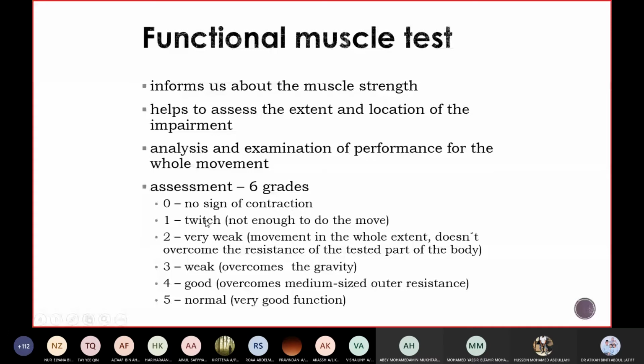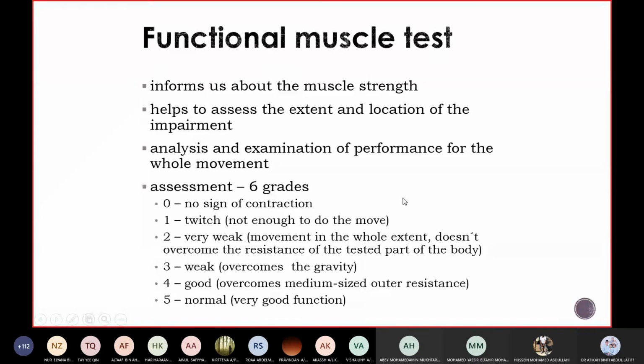If you ask the patient to flex the biceps, or use the biceps to flex the elbow, and you don't see any signs of contraction, no movement or flickering at all at the arm, you grade the patient's arm as grade 0, meaning there's no sign of contraction at all.